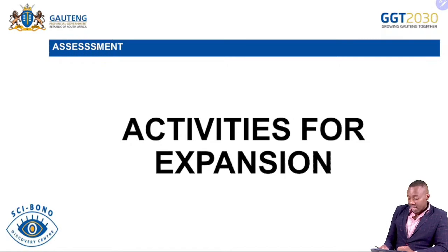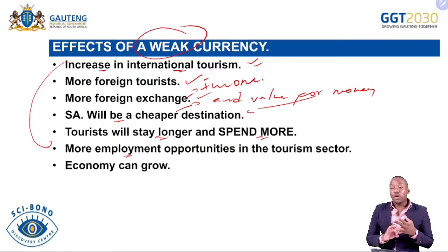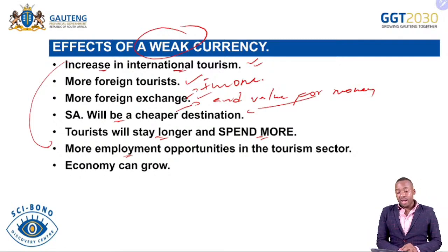Then I need to move to the activities. Let me just move a bit. What have we learned so far? Today we only looked at the concepts or terminology used in the tourism sector in terms of foreign exchange. You should know by now what is local currency. You should know what is a foreign currency. You should know what is GDP. You should know what is an exchange rate.